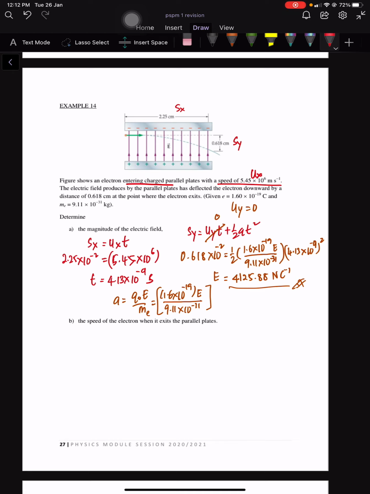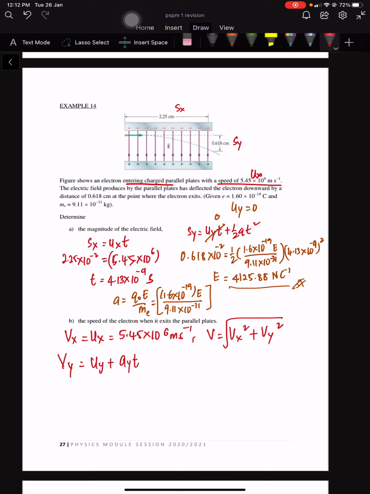So the speed must be considered as V equal to square root of Vx square plus Vy square. Okay, so as you can see that Vx always equal to Ux, 5.45 times 10 to the power of 6 m s negative 1. Okay, so kita ada Vy. So Vy kena cari. Vy is equal to Uy plus Ayt.